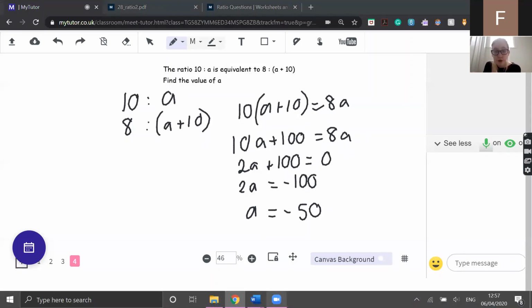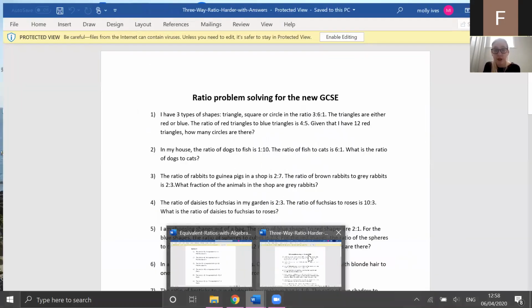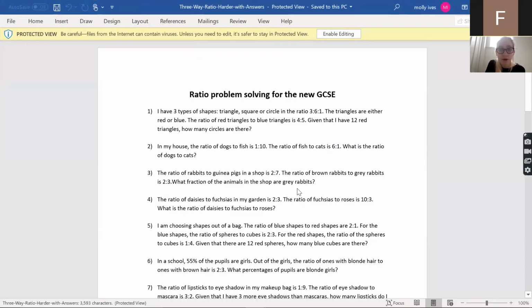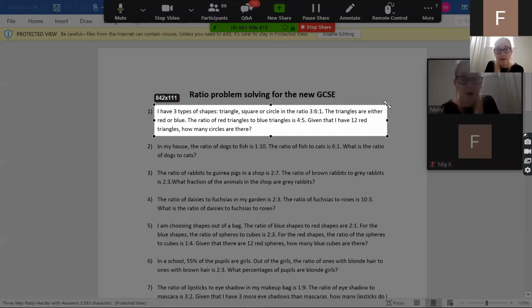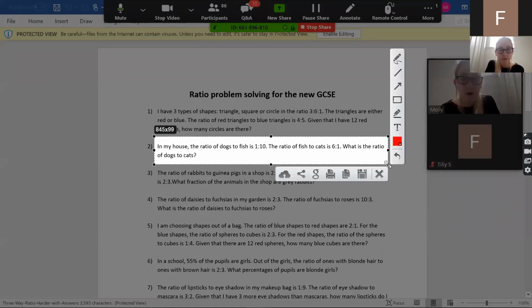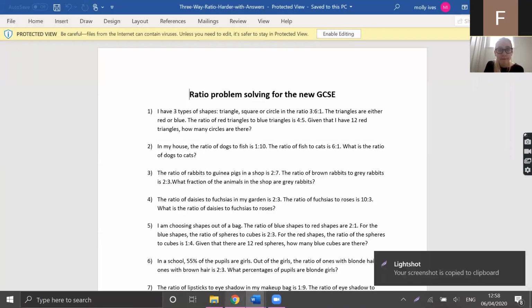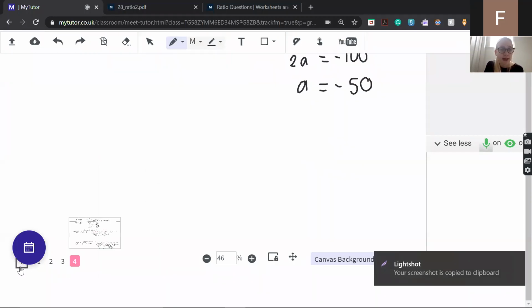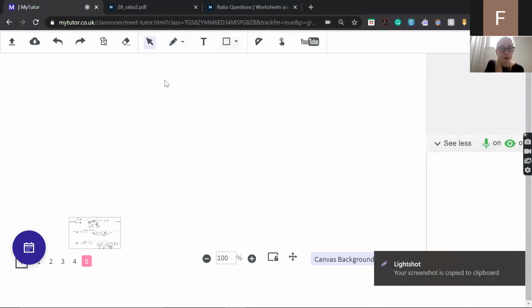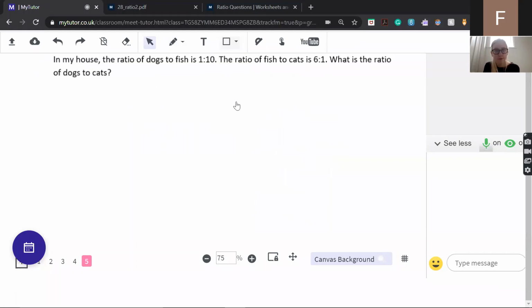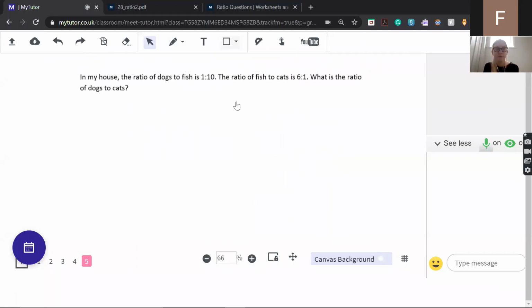Okay, I've only got kind of 3 minutes before questions, but I'm just going to show you one like this. I'm going to show you this one actually. These are 3-way ratios, and you'll understand what that means now. So basically, we've got the ratio of dogs to fish, and we've got the ratio of fish to cats.